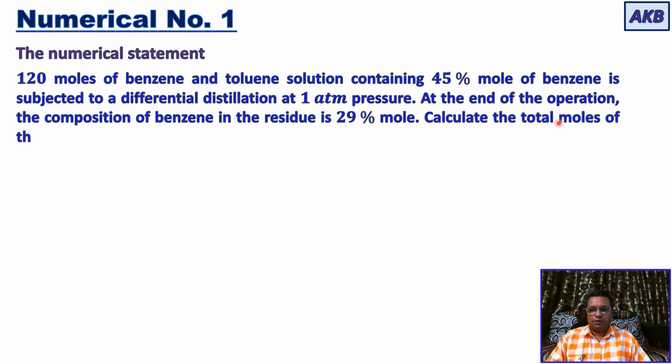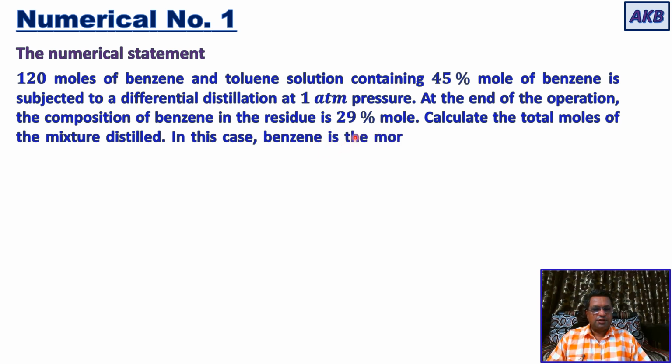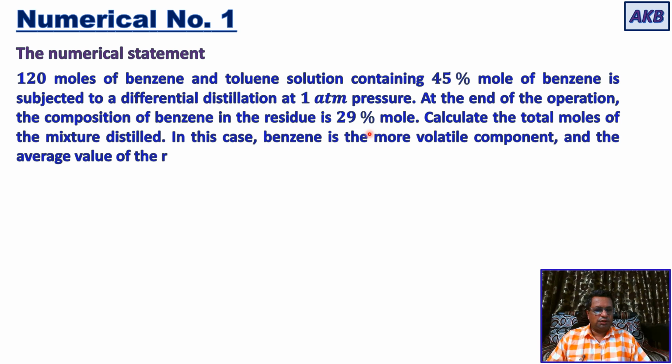At the end of the operation, the composition of benzene in the residue is 29% mole. Calculate the total moles of mixture distilled. In this case, benzene is the more volatile component and average value of the relative volatility is 2.16.